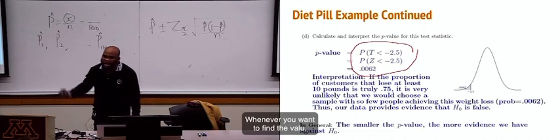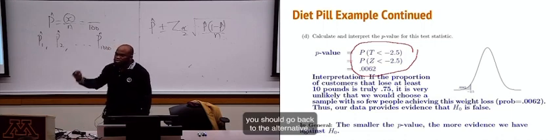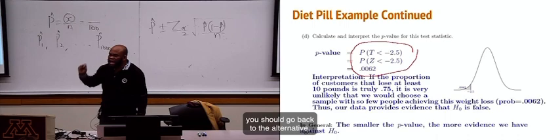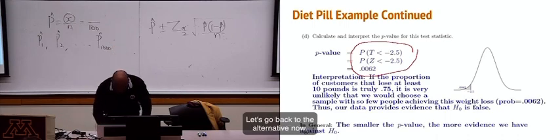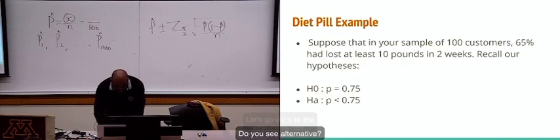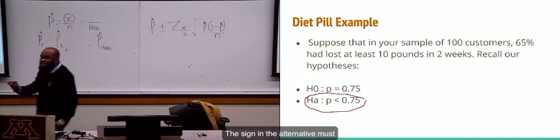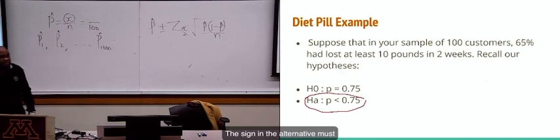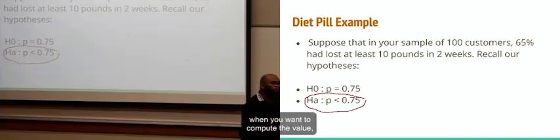Whenever you want to find the p-value, you should go back to the alternative. The sign in the alternative must be taken into consideration when you want to compute the p-value.